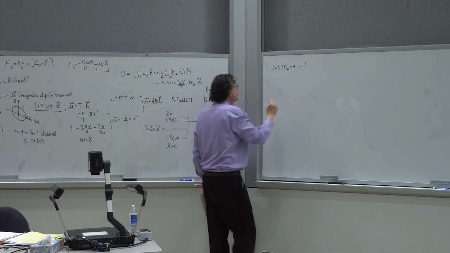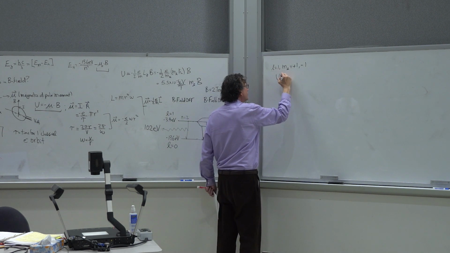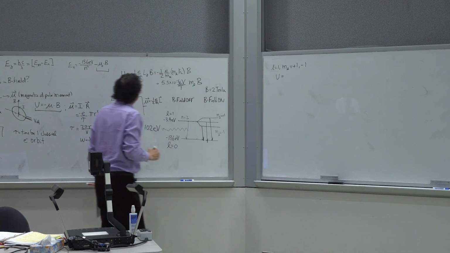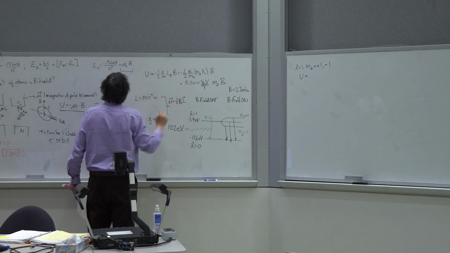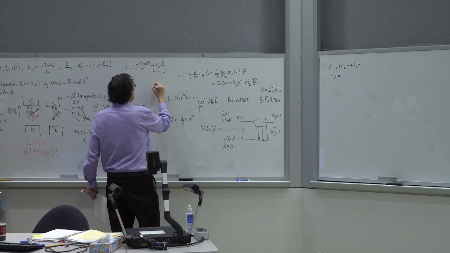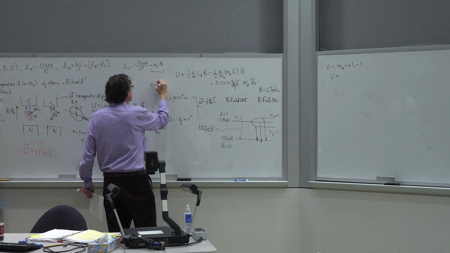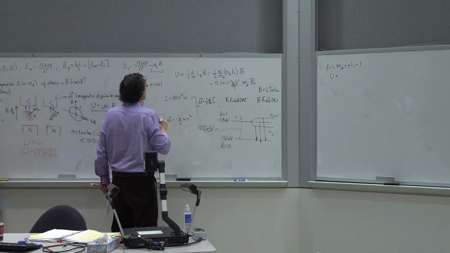For those two cases, I'm going to get that the interaction potential is equal to, by the way, notice that because I've chosen e, as we've said before, is always greater than 0 in my notation. So when I write e, what I really mean is the absolute value of e, the charge of the electron.